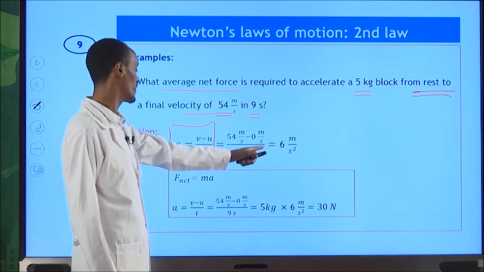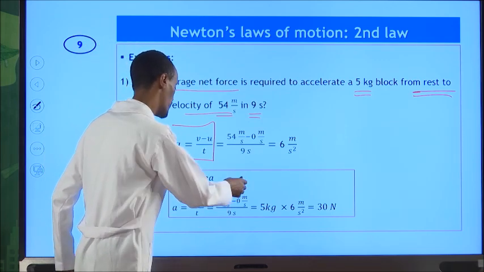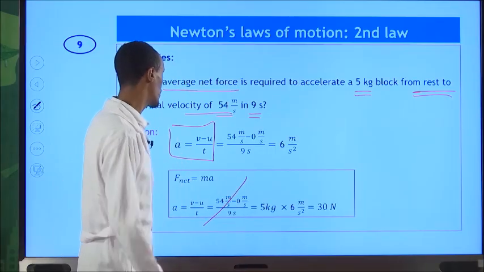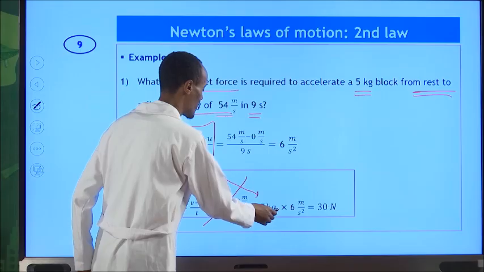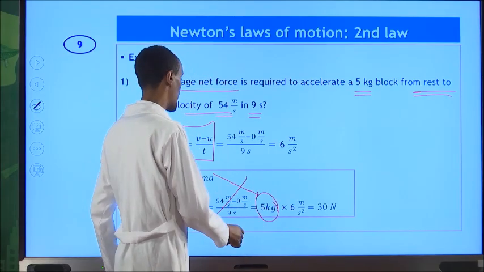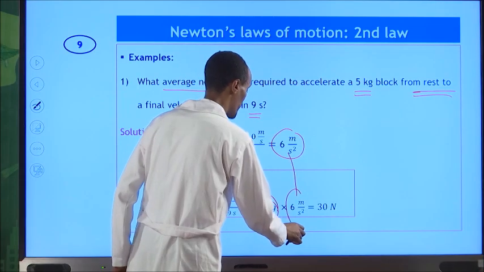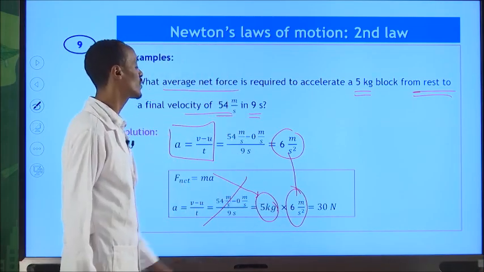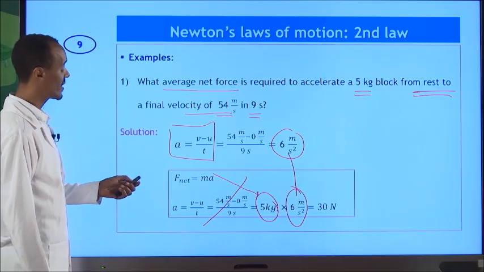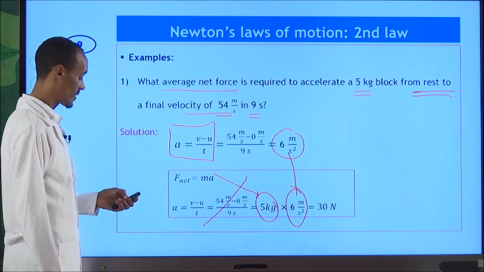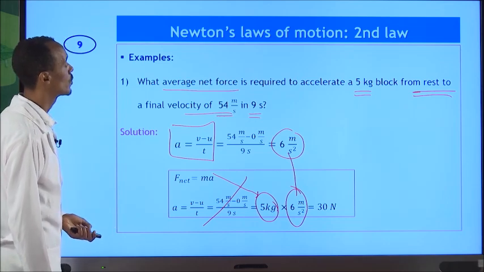The mass is 5 kilograms and the acceleration is 6 meters per second squared. The product of these two gives us 30 Newtons. This is one of the simplest ways that we apply Newton's second law to mechanics.